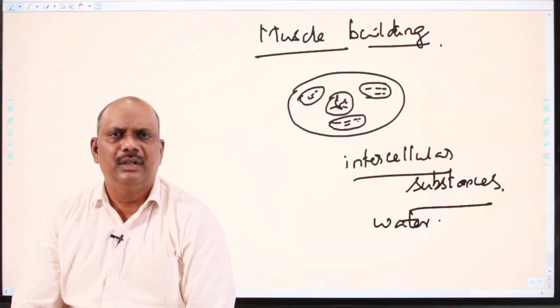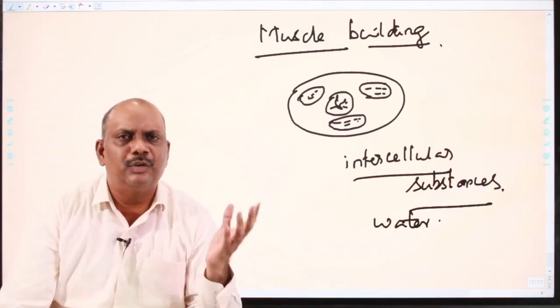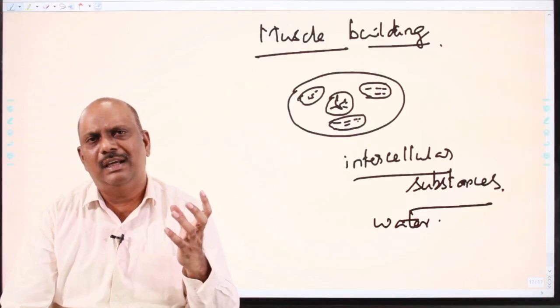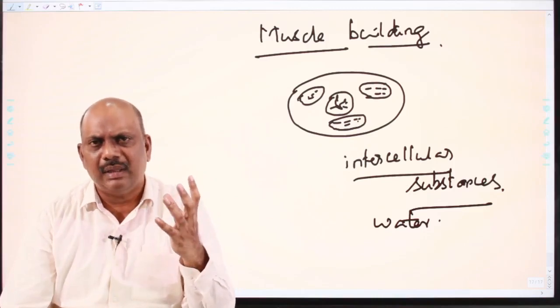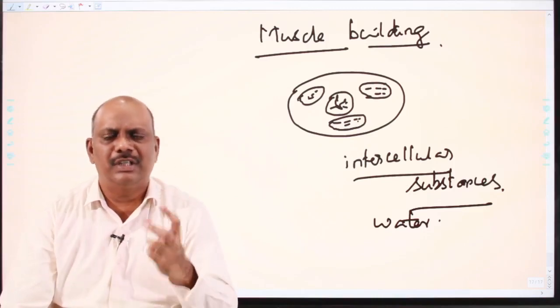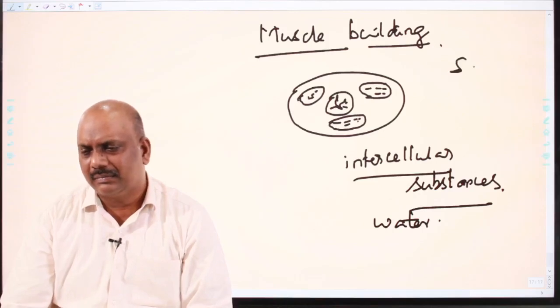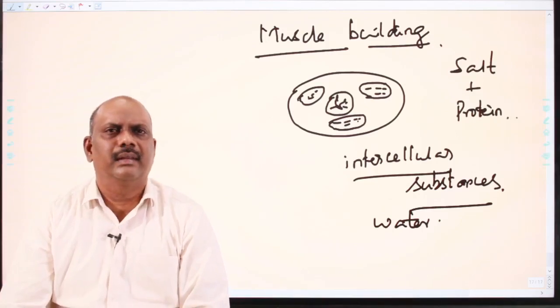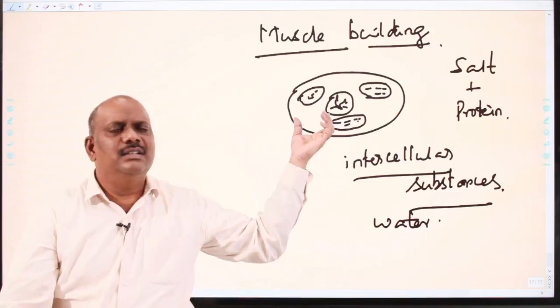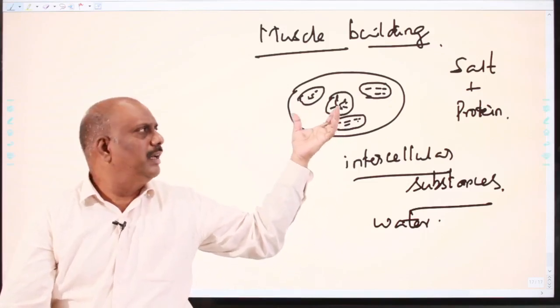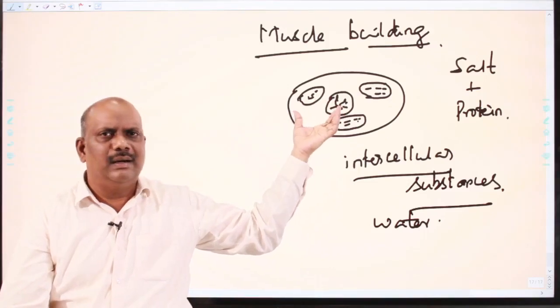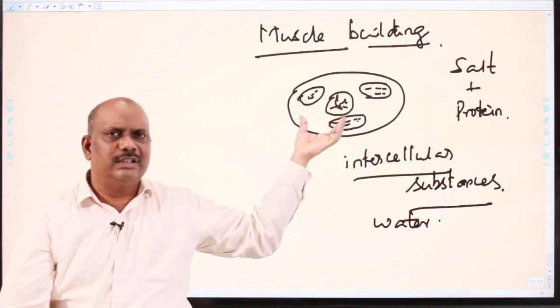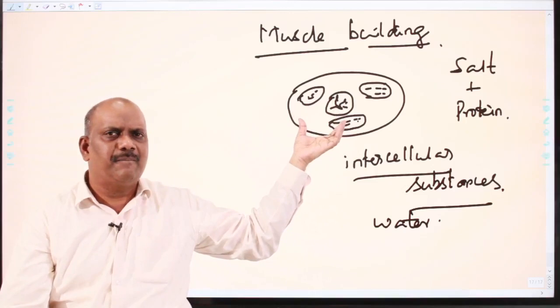What happens as the fetus grows is a large scale accumulation of salts and protein. When protein synthesis increases, there will be an accumulation of protein, and nutrient salts like sodium and potassium also reach the cell.